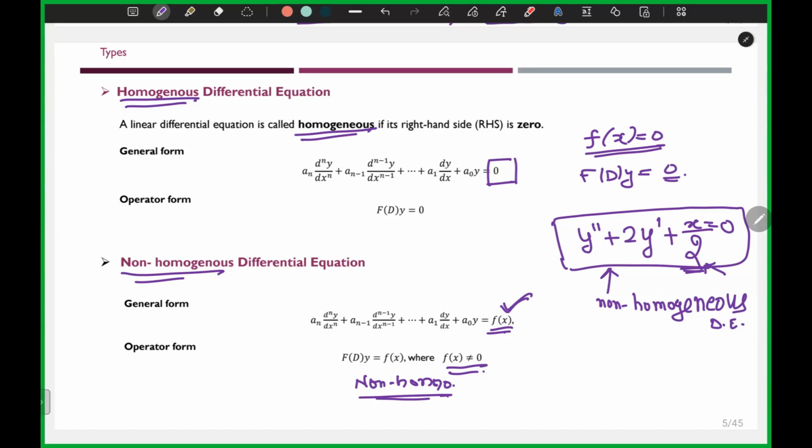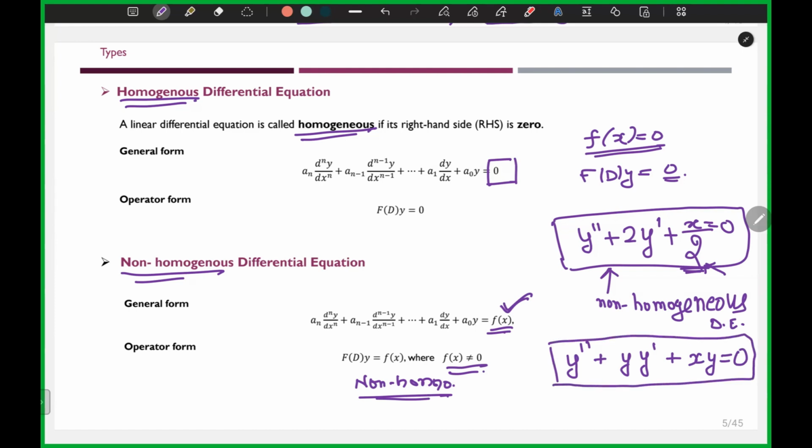And what if we take y dash plus y into y dash plus x y equals 0. Can anyone tell if this will be a linear differential equation?